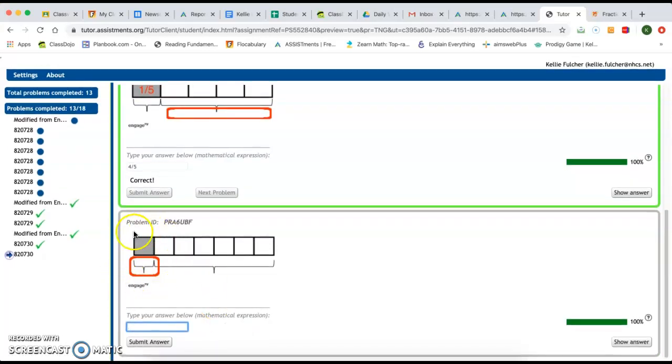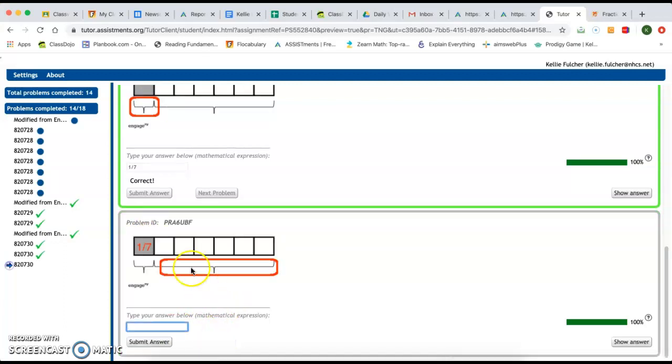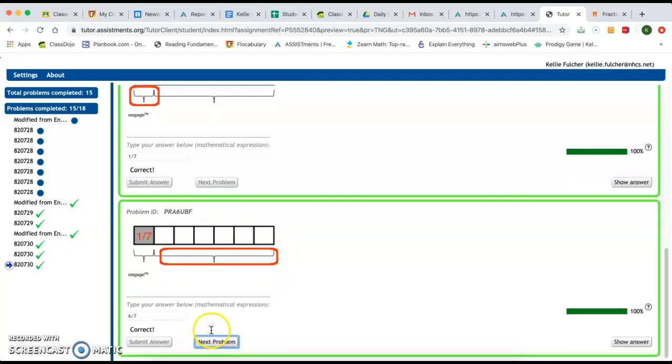The shaded part here, there is 1 piece shaded out of 1, 2, 3, 4, 5, 6, 7. So 1/7 is shaded. And there are 1, 2, 3, 4, 5, 6 pieces that are unshaded out of 7. So 6/7 is unshaded.